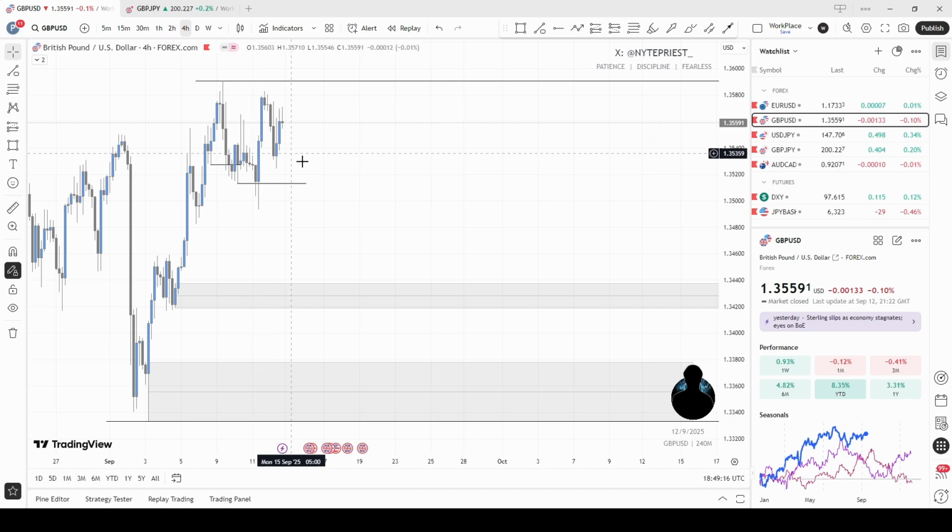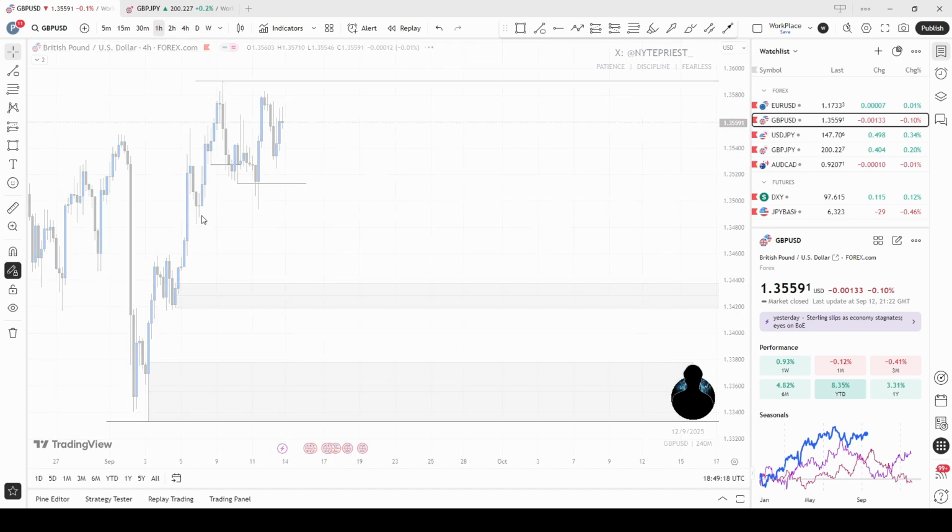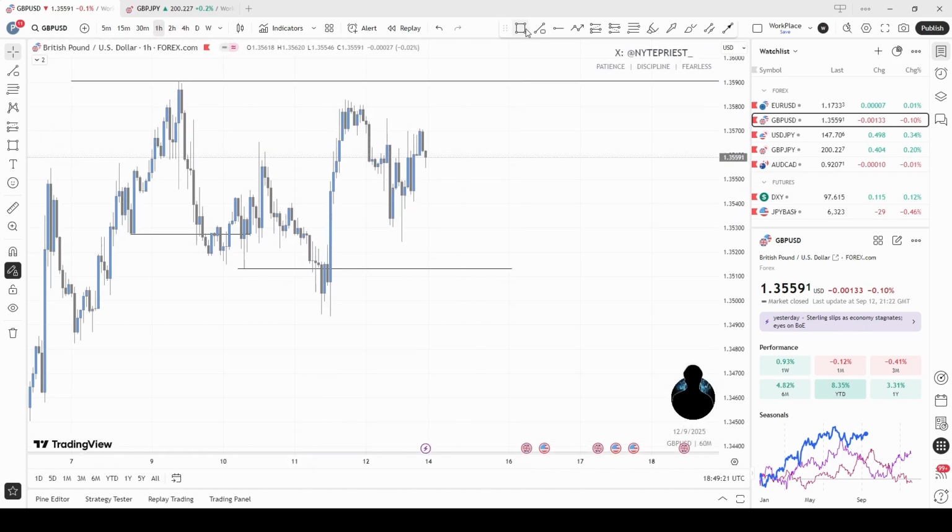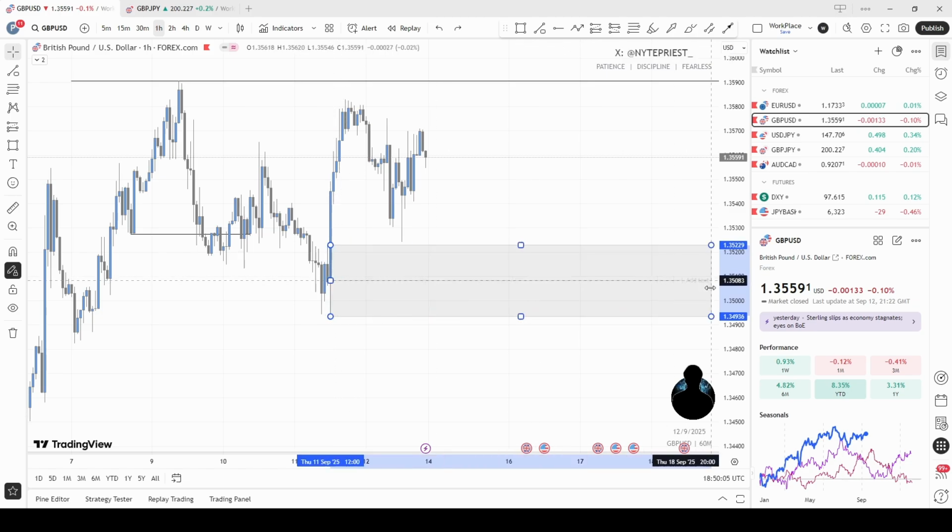So on the 1 hour time frame, price came back, mitigated this supply, and then moved out. Okay. And also we're having this supply.